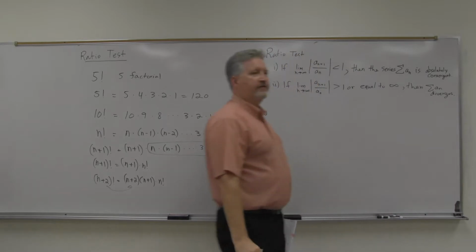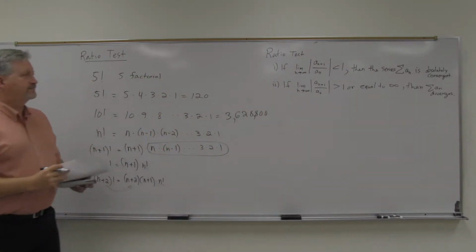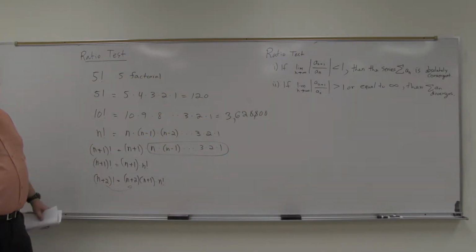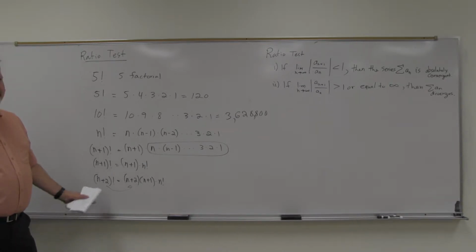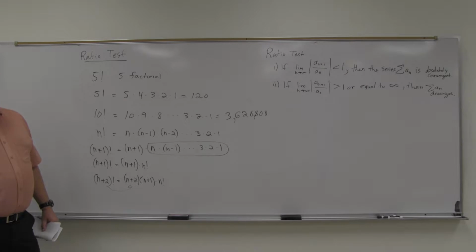Didn't quite get all the verbiage in there, but if that limit is greater than 1 or equal to infinity, which I guess technically infinity is greater than 1, this is the way they state it.